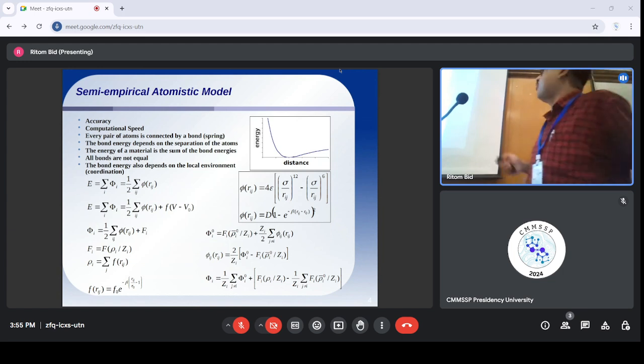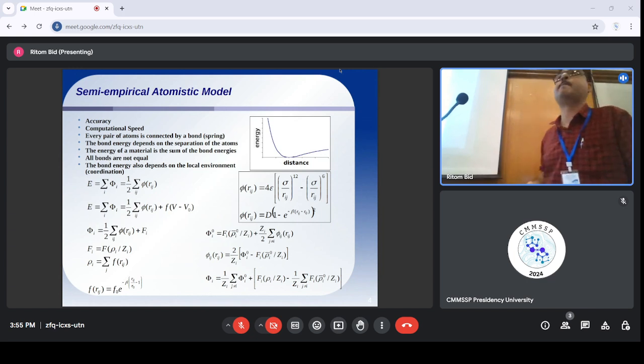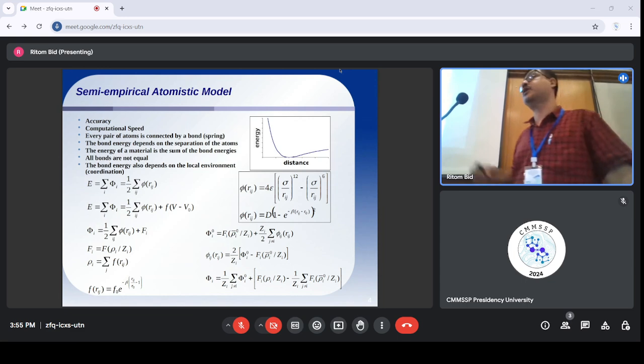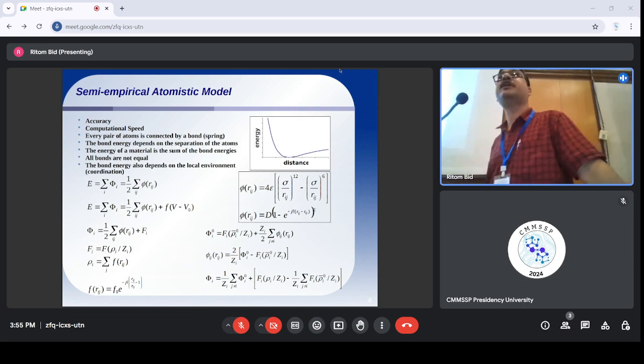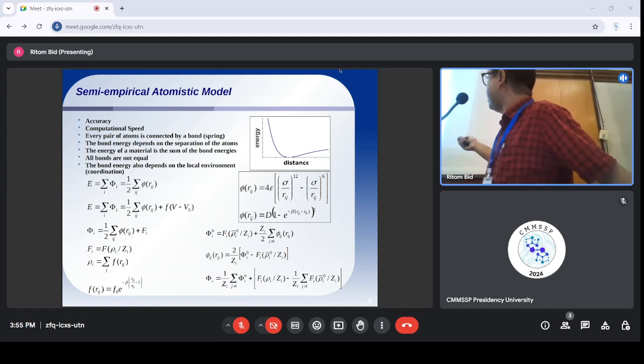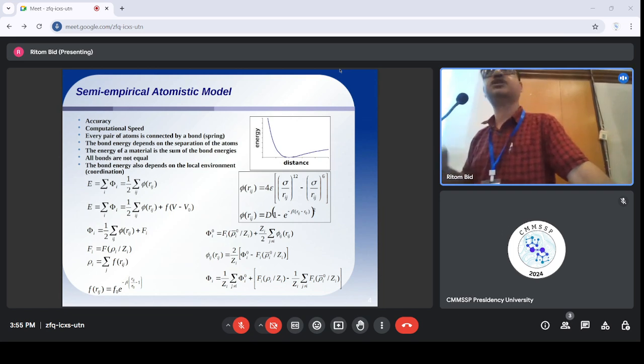The basic idea of this kind of model started from textbook potentials like the Lennard-Jones potential or the Morse potential. But both those potentials, initiated long ago, failed to predict certain material properties. They are very good when you model a perfect system, a perfect lattice, a perfect crystal.